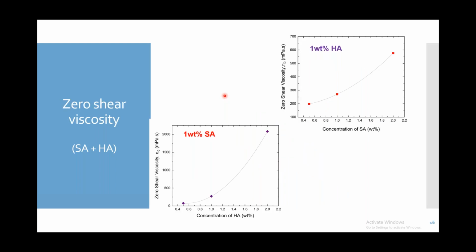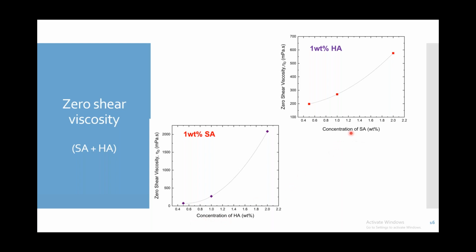With that in mind, now we can plot zero shear viscosity as a function of concentration of our sodium alginate and hyaluronic acid blends. We extracted zero shear viscosity from our model fit and then plotted it versus concentration.